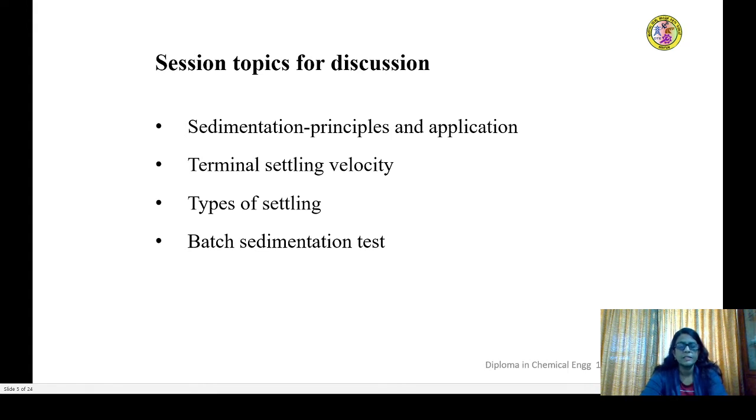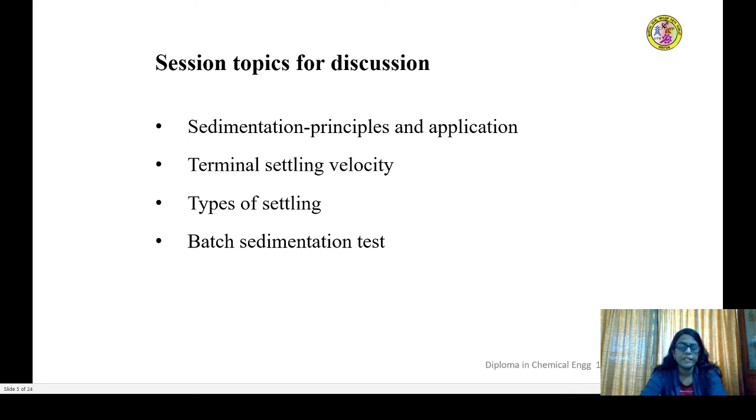Under this discussion, we are going to learn about a topic called terminal settling velocity. What is meant by terminal settling velocity and what role it plays in the sedimentation operation will be learned. The different mechanisms of settling of particles that take place in sedimentation, and the types of settling, will be taken up.